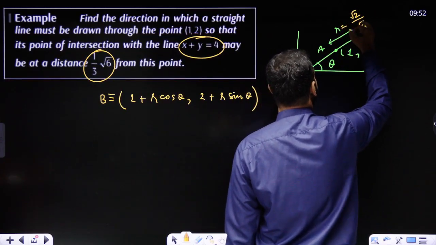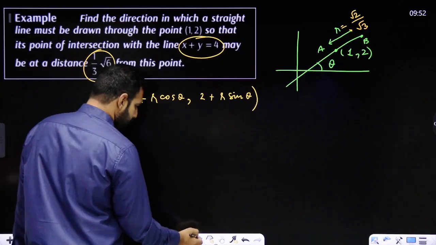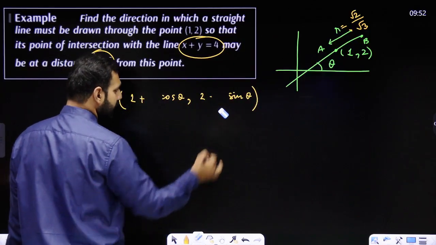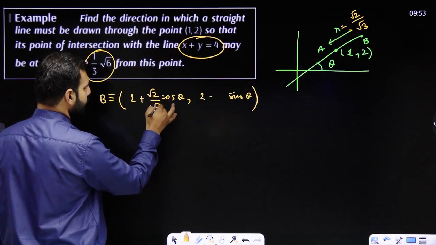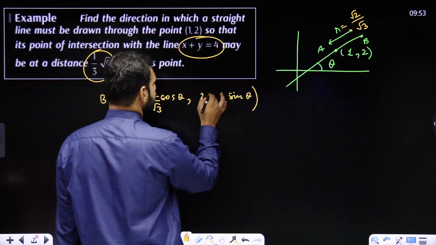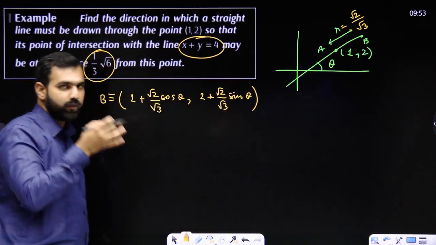So r I'm taking as root 2 by root 3. I hope that's not a problem at all. So this r here can be replaced by root 2 by root 3, which I forgot noticing. So this should be root 2 by root 3 cos theta. Here it should be 2 + root 2 by root 3 sin theta. I hope no confusion so far.